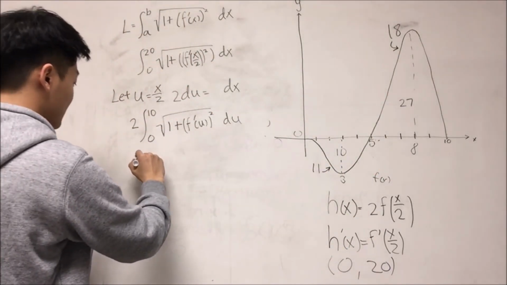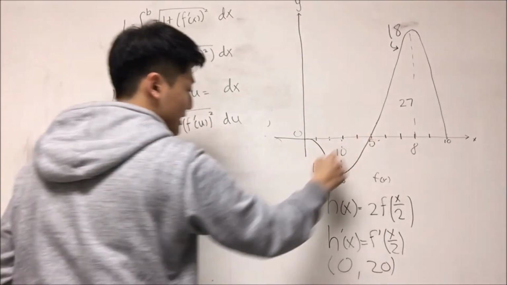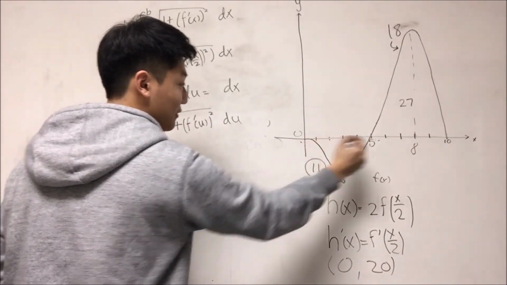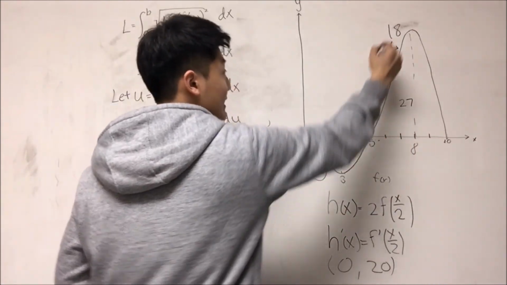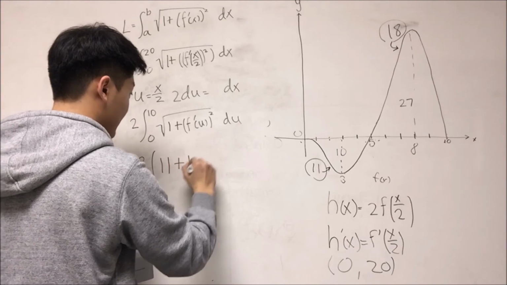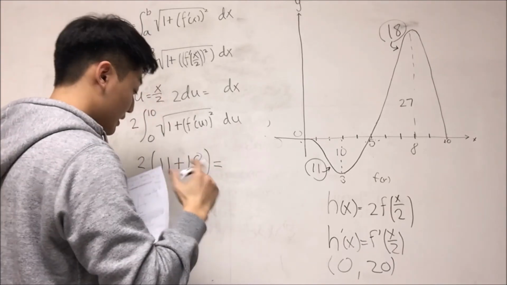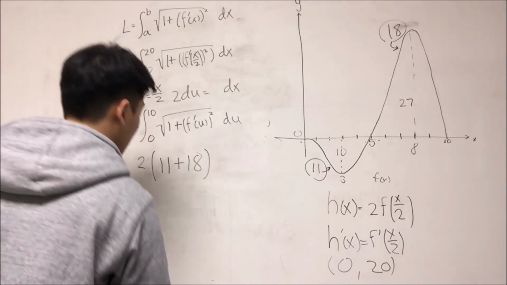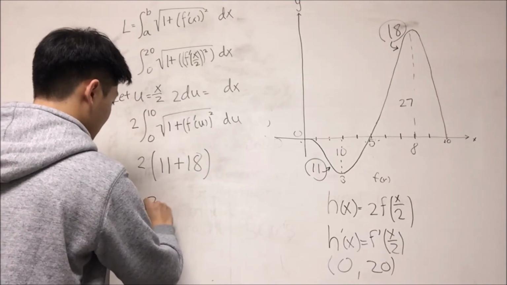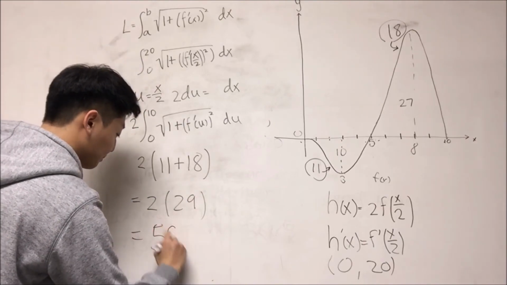So we can write 2 times the integral from 0 to 10 again. So 11 is from 0 to 5, and from 5 to 10 it is 18. So it will be 11 plus 18 equals, I will write like this more clearly, equals 29, which will become 58.